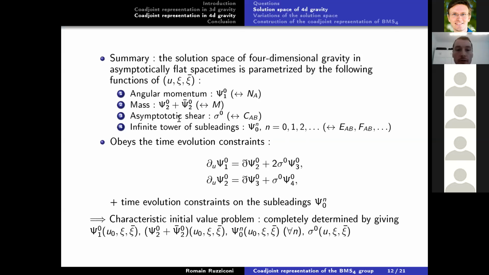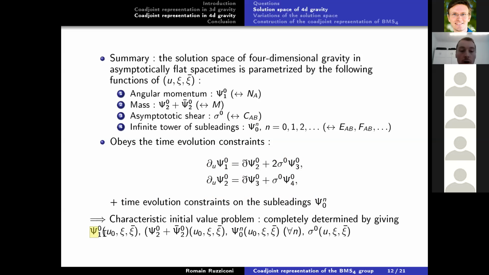And so these functions that parameterize your solution space are constrained through some time evolution equations. This equation will constrain the time evolution of the angular momentum. This one will constrain the evolution of the mass. And finally, you have an infinite tower of time evolution equations constraining all these subleading orders which parameterize your solution. So in summary, to specify completely the characteristic initial value problem, you have to give the following data.